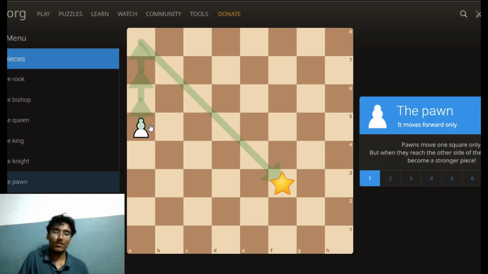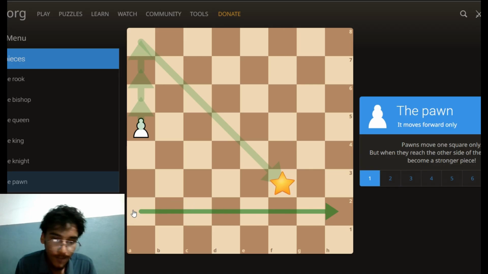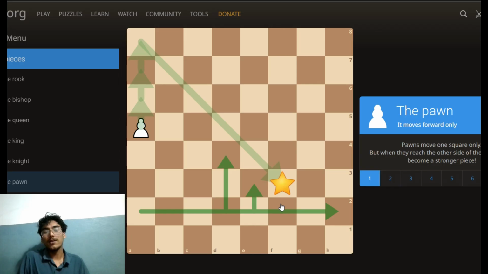So the pawn, initially at the start of the match, lies in this rank. At the initial condition, it can either move two squares or simply one square.